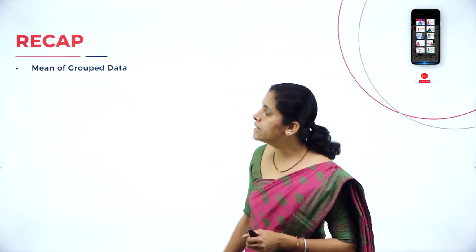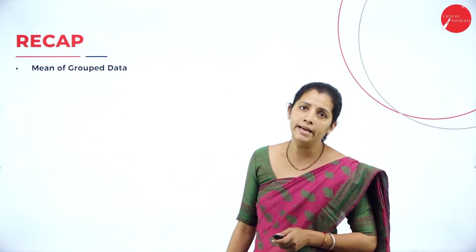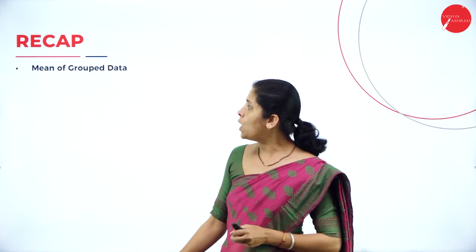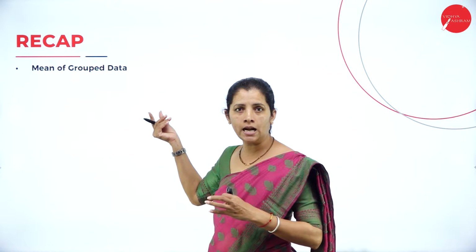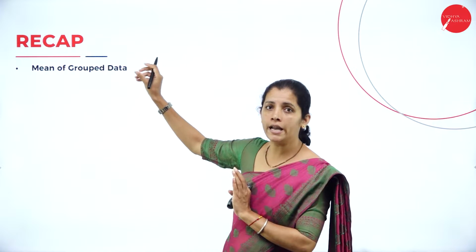So dear students, in my last session, I started with mean of group data. So what is mean of group data? Data are grouped together, in the sense that whatever data I get is represented in the form of some range. Now I want to find the average of the data.